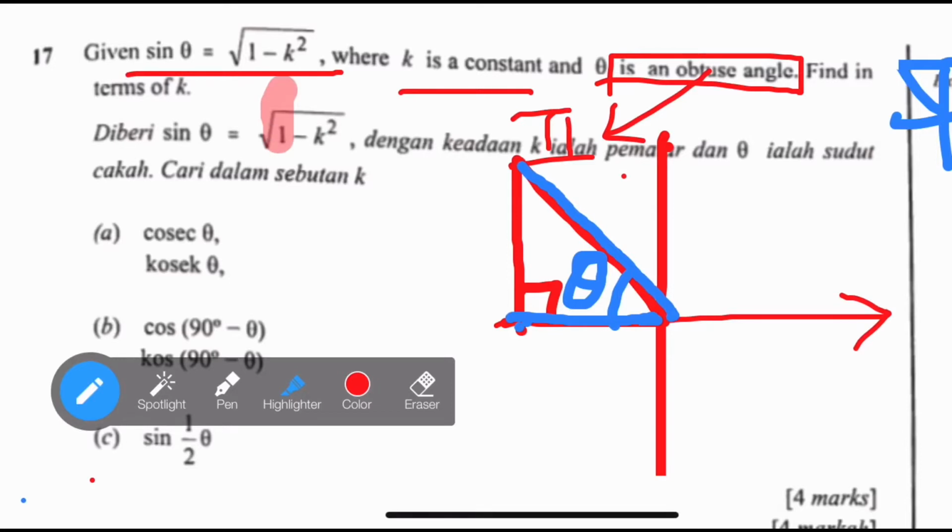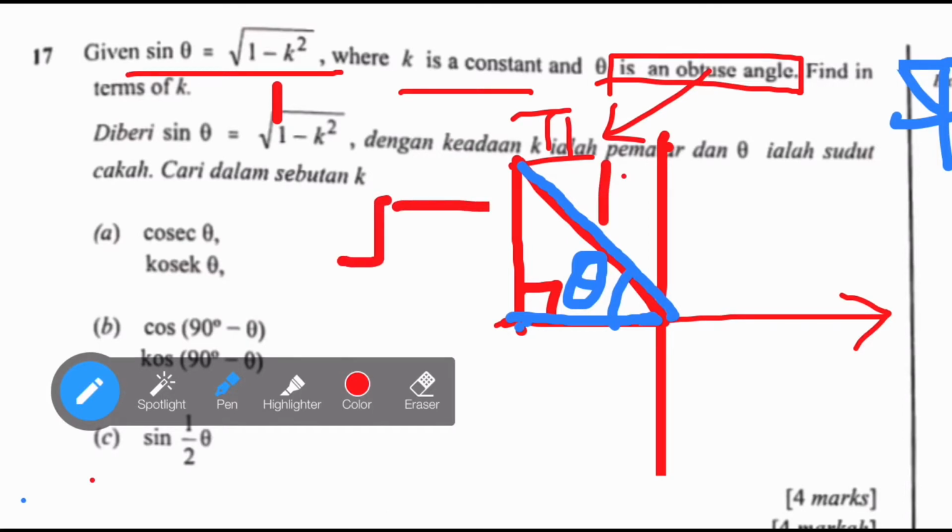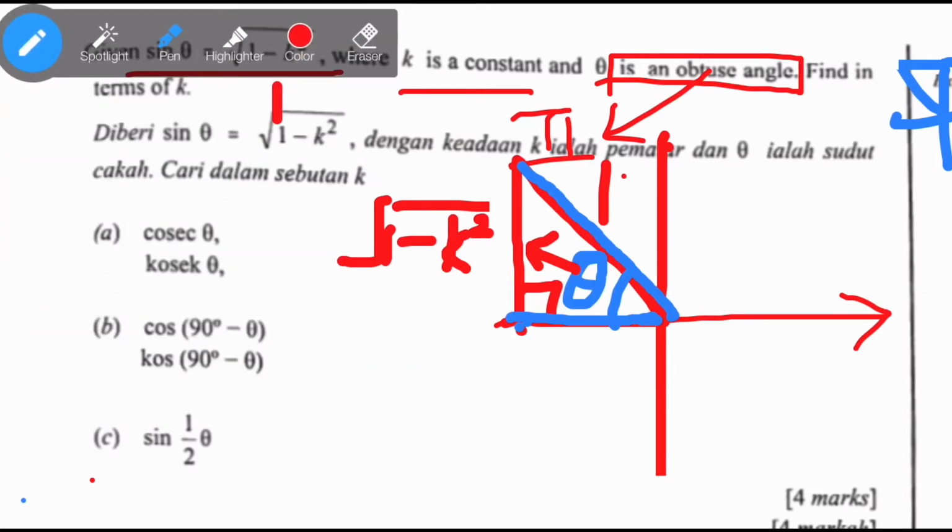Second quadrant. Then after you draw the right angle triangle, you have to label all the sides. Normally we sketch a right angle triangle first, then we label all the sides. Sine theta is SOH, so the opposite is square root of 1 minus k square, and the hypotenuse is over 1.